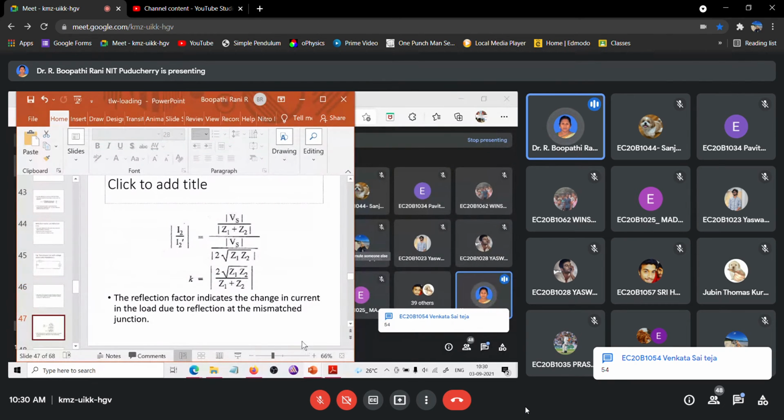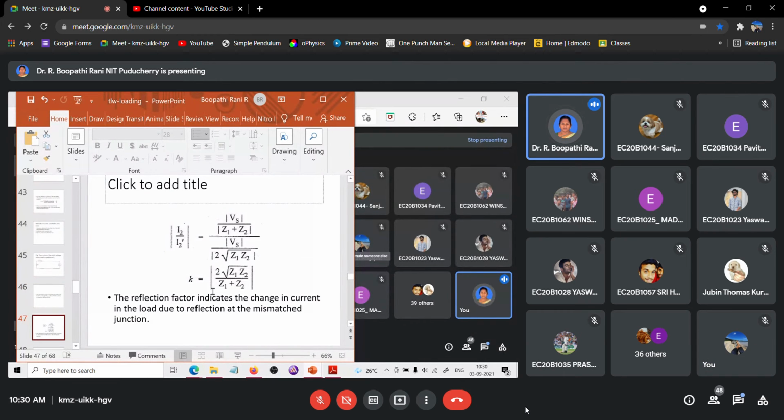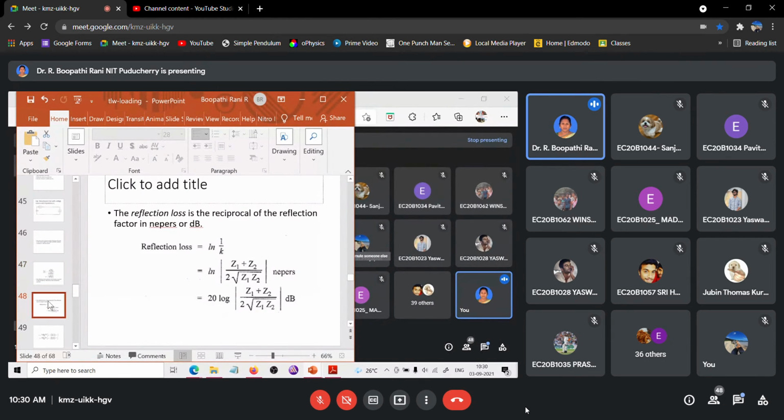If we derive the equation, we get K equal to the magnitude of 2 square root of Z1 Z2 divided by Z1 plus Z2. And using this reflection factor, we can define reflection loss. Natural log of 1 by k will give reflection loss in nepers. 20 log 1 upon k will give us reflection loss in dB.